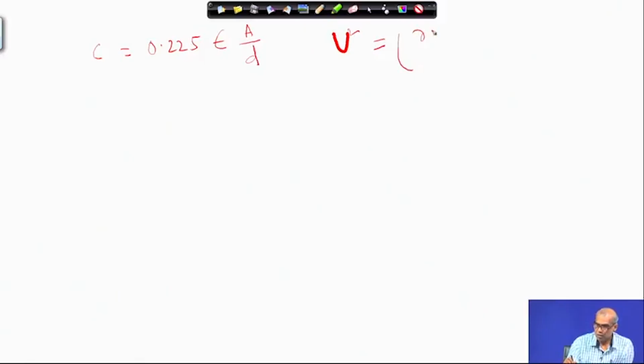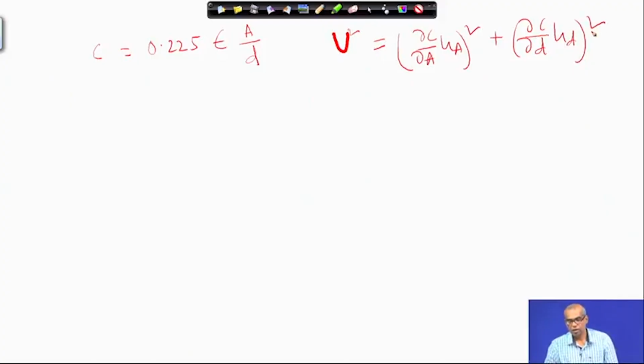U equals the square root of del C del A u A square plus del C del D u D square, where u A and u D represent the uncertainty in the measurement of area and the uncertainty in the measurement of D, or distance. So, you now calculate del C del A. What is del C del A?